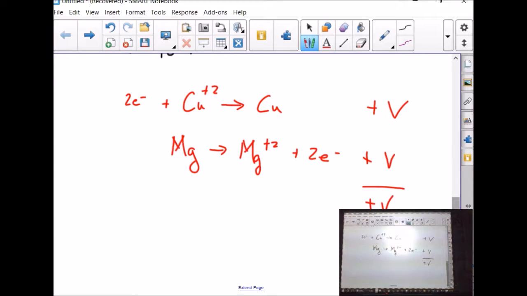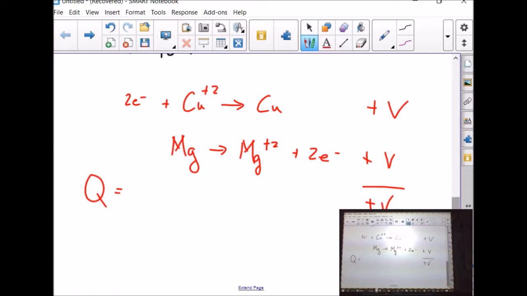So from here, to answer your question, to determine who Q is, how's Q set up? Good. Products over reactants. What never goes in the expression? Solids or liquids.